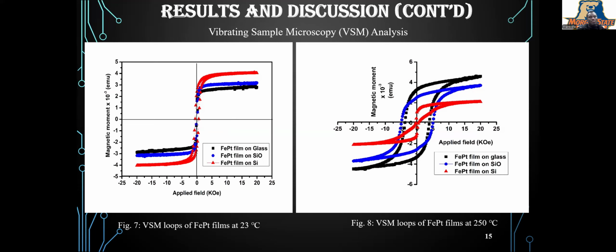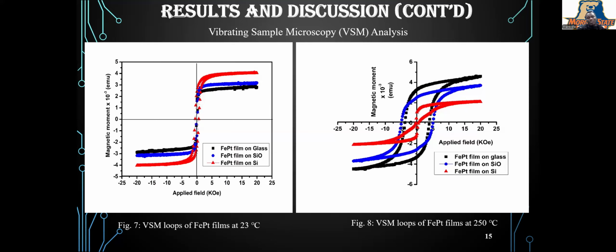That is, they exhibit a soft magnetic structure with very low coercivity, which is very good for switching properties and for sensors also.